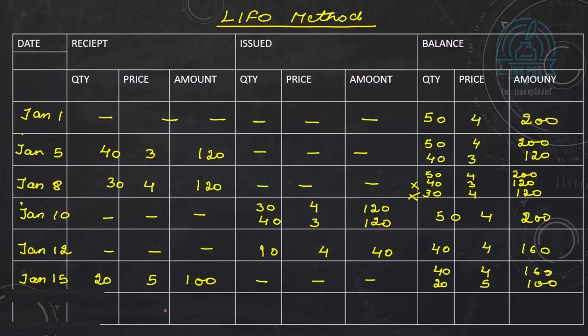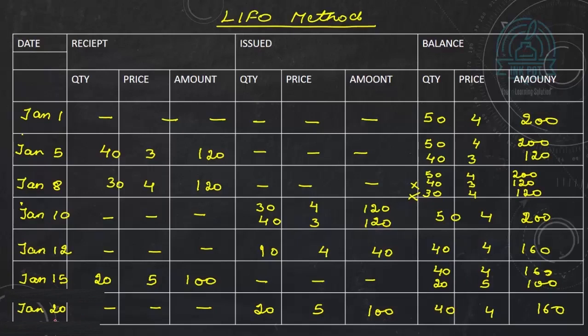Now, as on Jan 20, we have not received anything, but yes, we have issued 20 units. So 20 units from the last stock, we will take the price, that is 100. Now we are left with only 40 units at the rate of 4, that is 160.